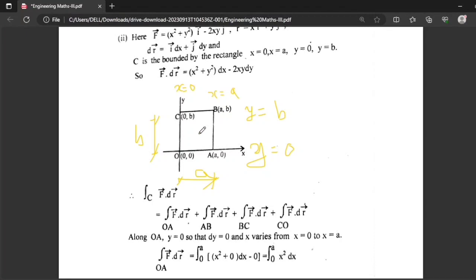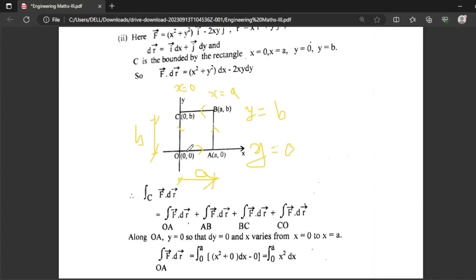So we need to find the line integral from O to A, A to B, B to C, and C to O. This is the anti-clockwise direction.